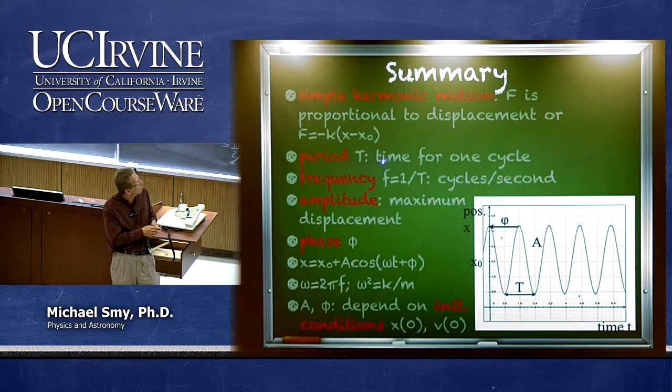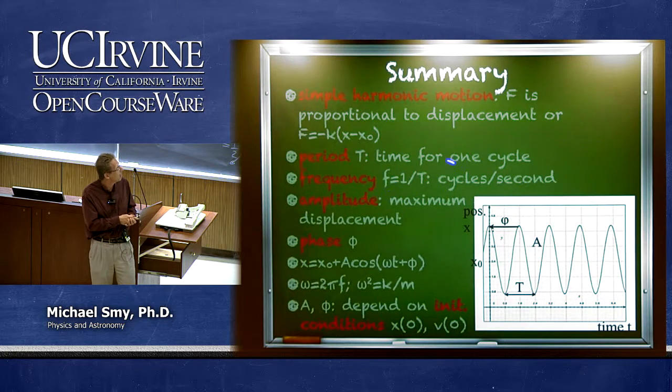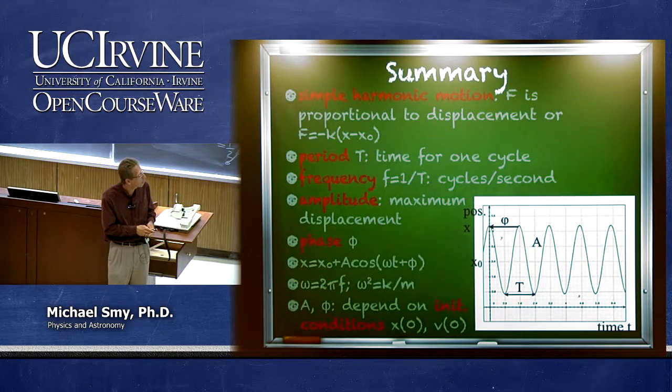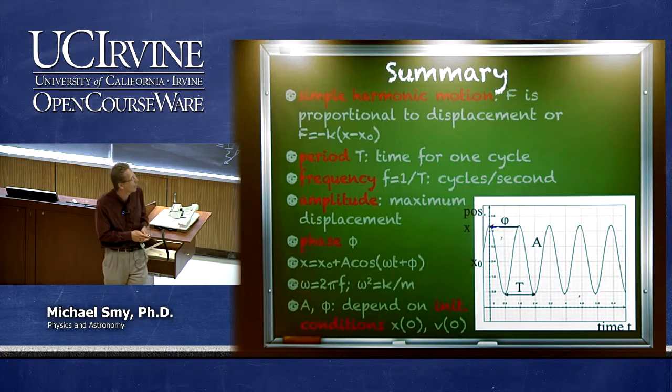That's the time to undergo one cycle of oscillations. Then the frequency is the inverse of that, and it's how many cycles you have per second. The amplitude is the maximum displacement that you observe. The angle phi is sort of the offset from a given crest to the origin, to time equals 0.